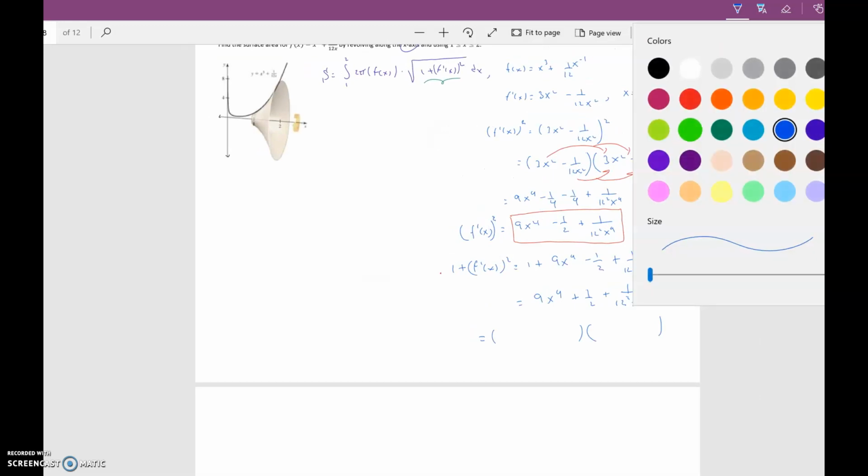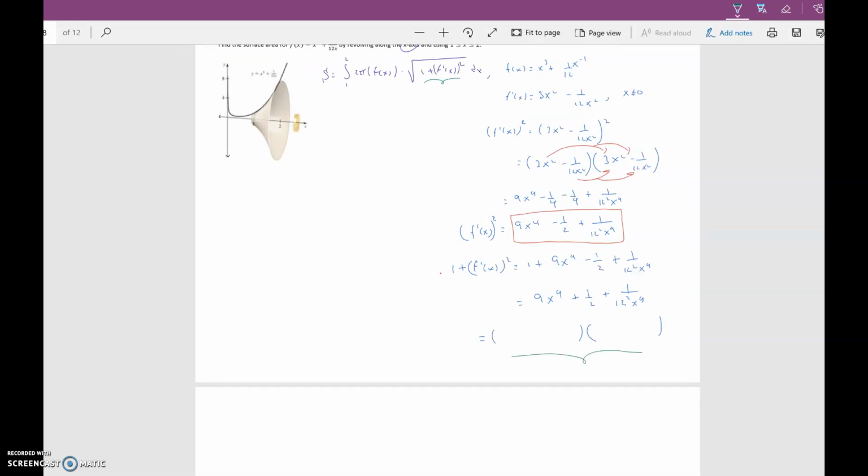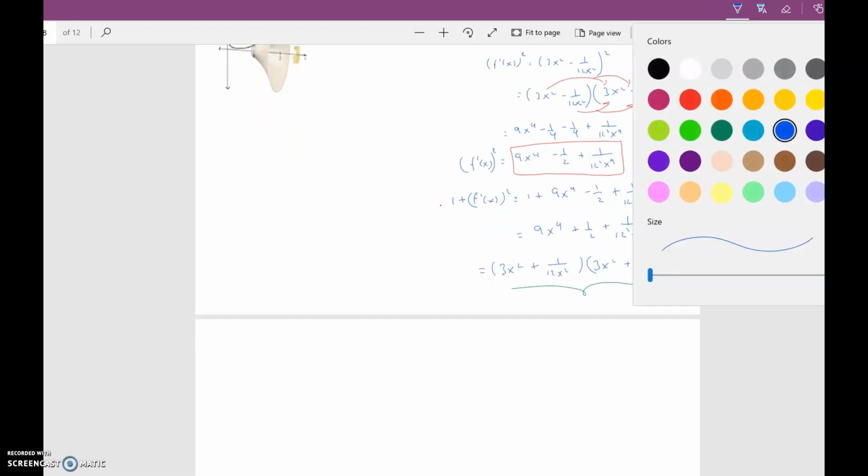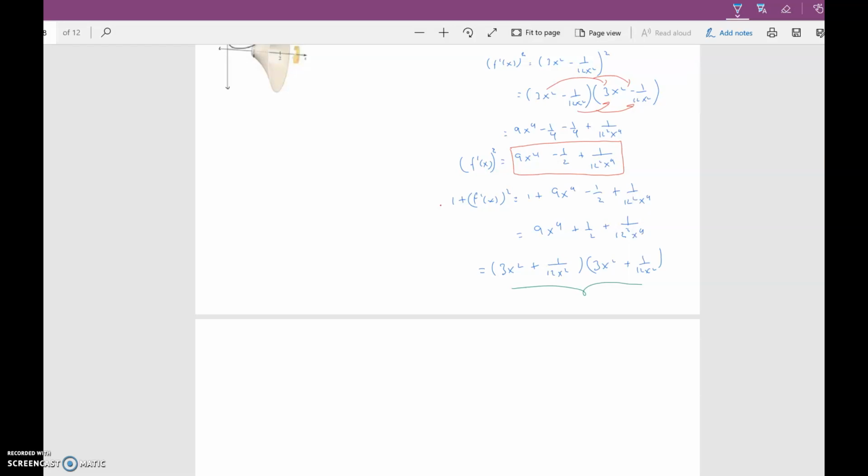We want it to factor as a perfect square, because you have a square root on top. So this term will be a 3x squared and a 3x squared, and because they're all sums, 1 over 12x squared and plus 1 over 12x squared. Now FOIL it and check to make sure that it's going to work.